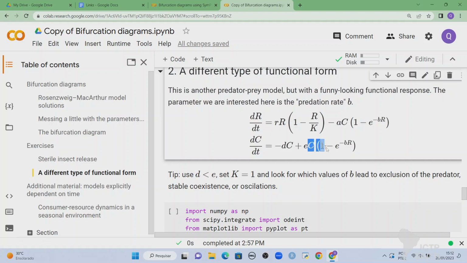So this is the amount consumed, okay? This is how much growth rate of the consumer there is due to predation, and this is the amount of prey, right? So the relationship between E and A gives me the relative scale of population between predator and prey.